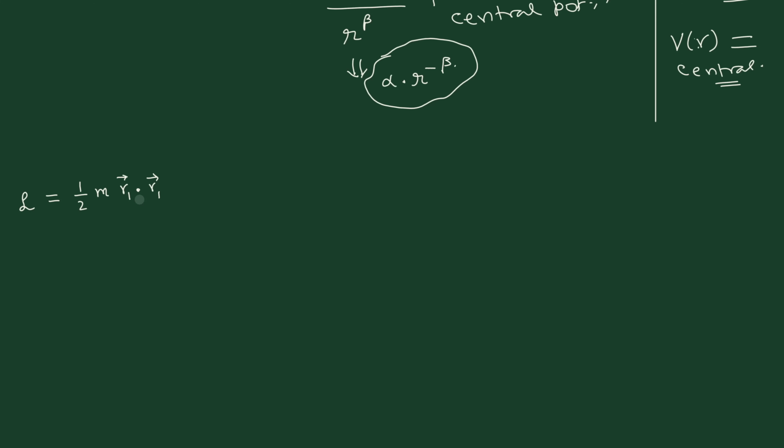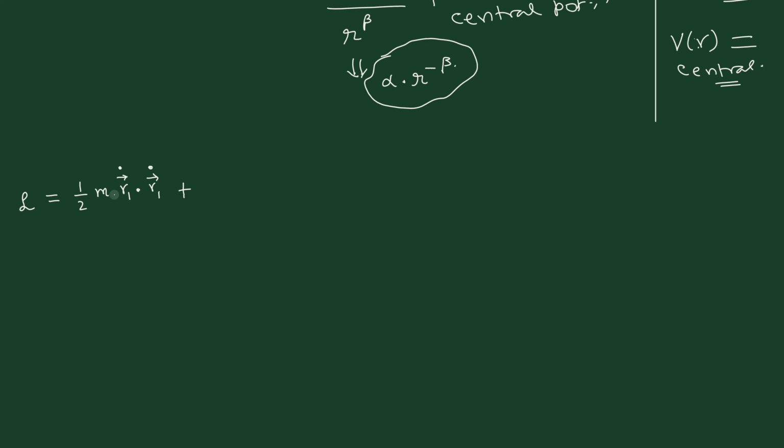Then you take the self dot product to get half m v1 square, isn't it? And because these are velocities, you need time derivatives, so I am writing r1 dot. That is a little more compact notation rather than writing x1 dot square plus y1 dot square plus z1 dot square, which will be a little more lengthy expression.